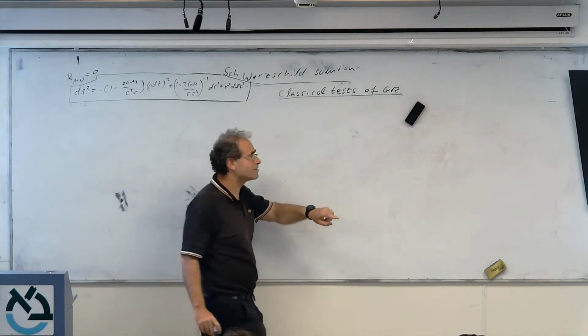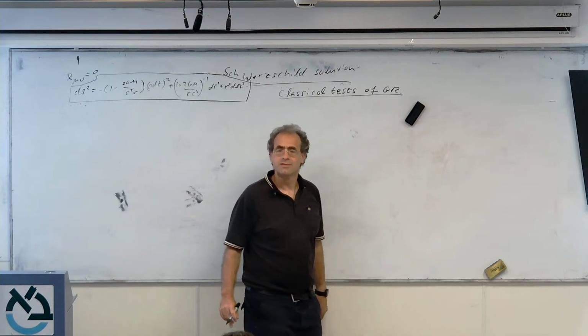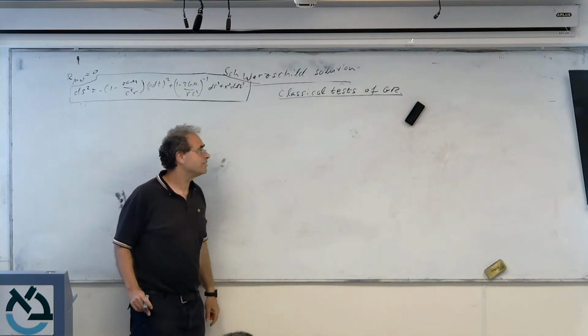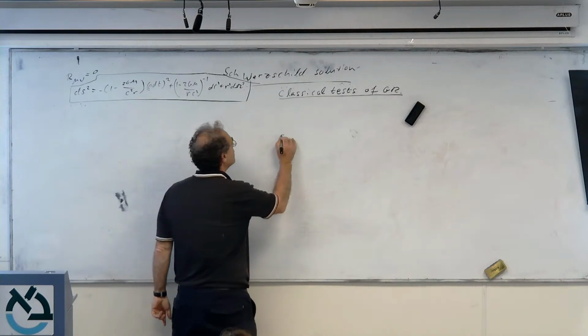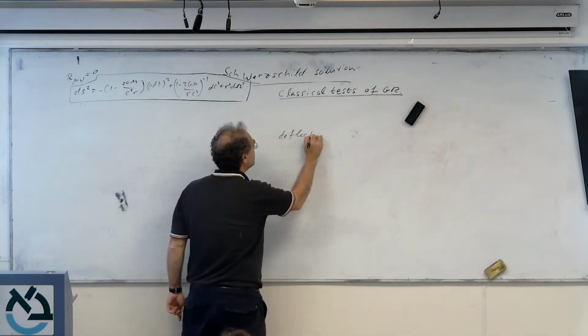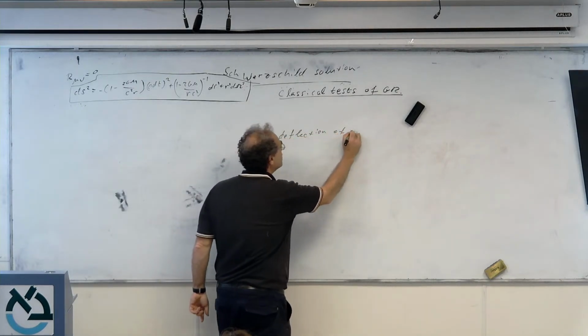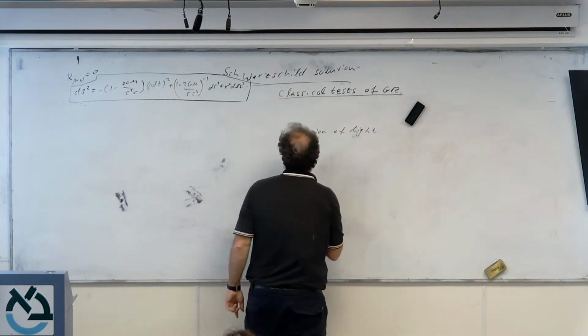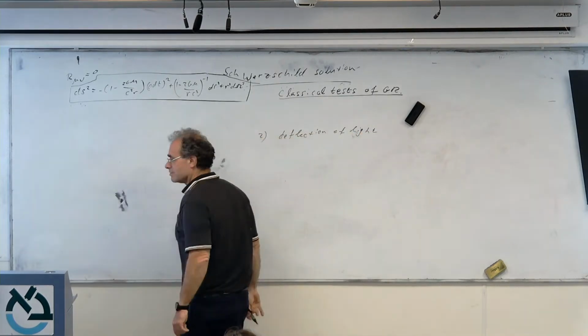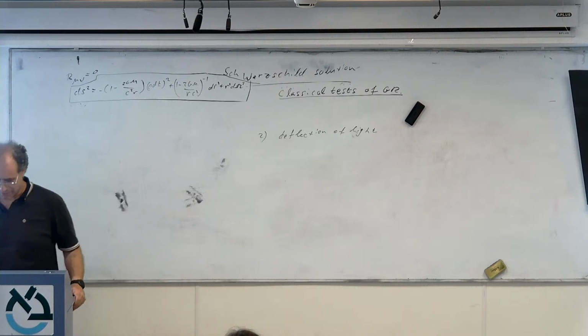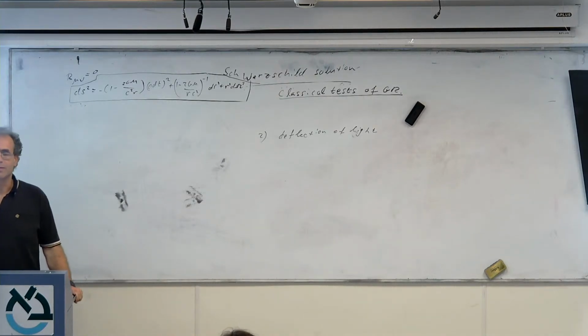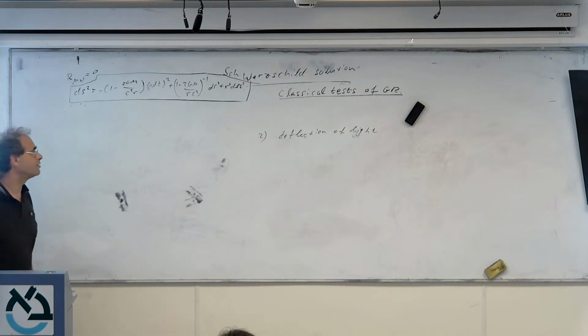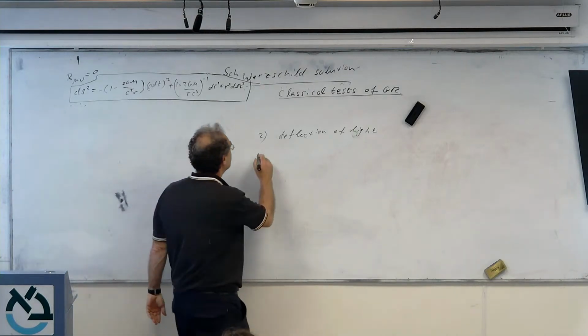In Newtonian physics, light goes in straight lines. In GR, light is deflected. So this is called deflection of light. Put it as number 2, because there is number 1, which is something before that. Precession of the perihelion of the inner planets. This would be number 3.